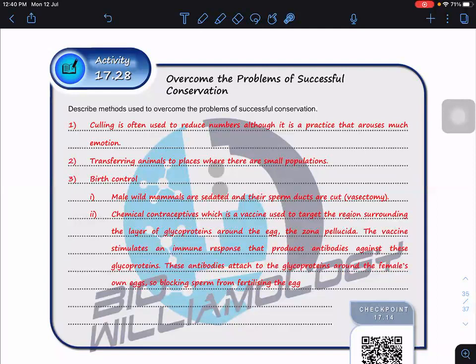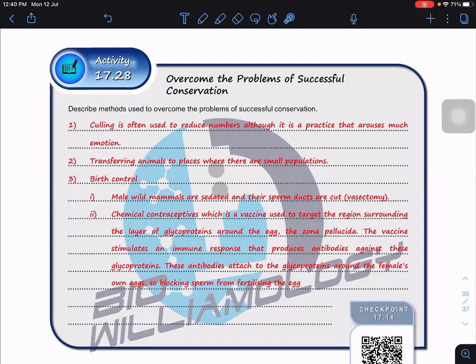To overcome this, we can transfer the animals to a place where there is a small population. For example, instead of releasing all the animals to one region, if they are overgrown, we transport some of them to a new habitat, or to habitats that have small populations.